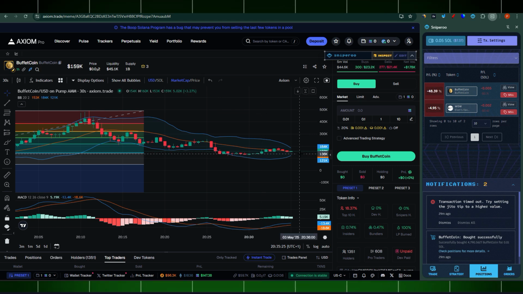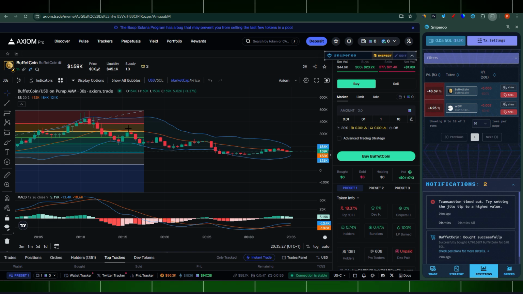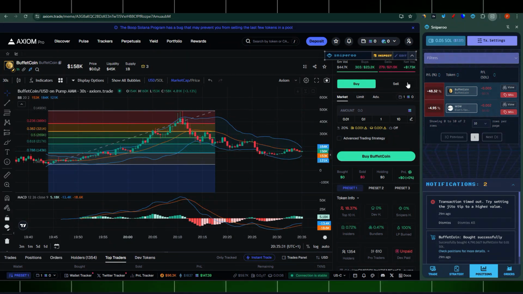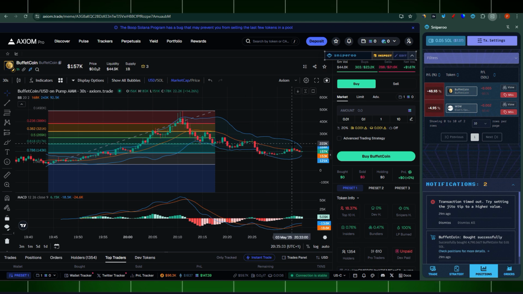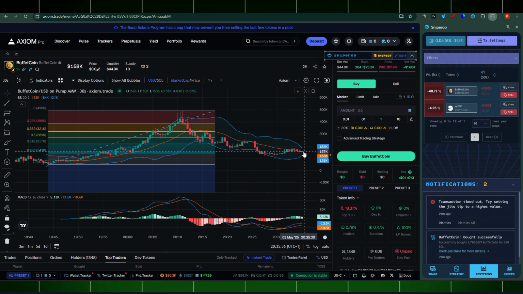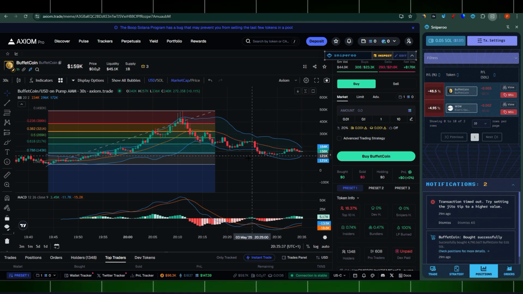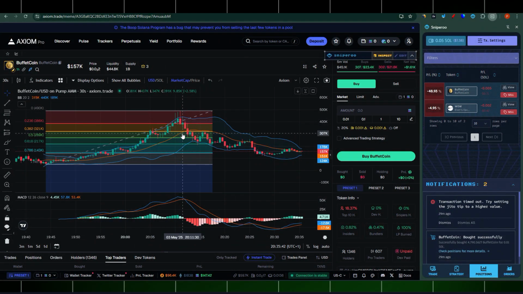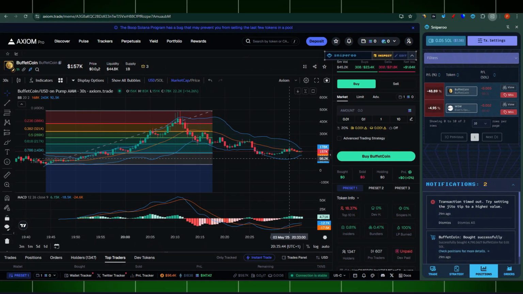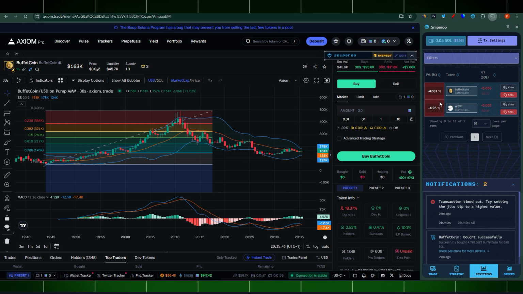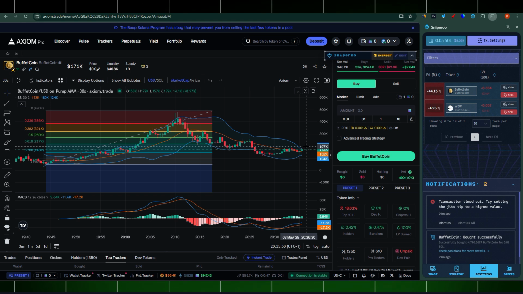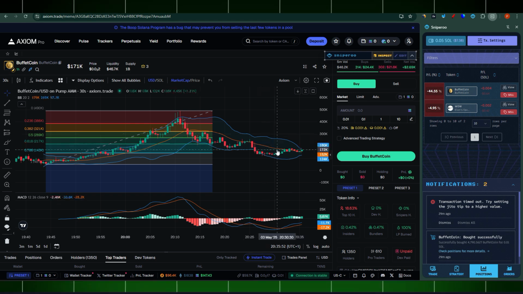But if I test those filters and different indicators here on Axiom Pro and on Sniperoo long enough, you get yourself into something, then you can start looking at those things more clearly, and you can be more confident to put some additional funds into those types of trades, like 0.1 SOL or even half a SOL in some instances.